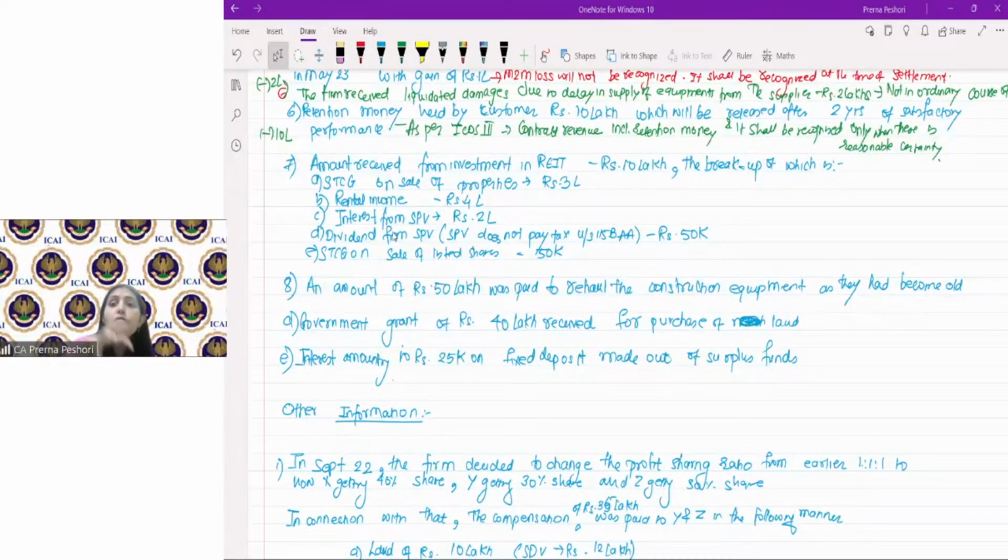Now, the income of the real estate investment trust is usually exempt. And it is taxed in the hands of the unit holder.